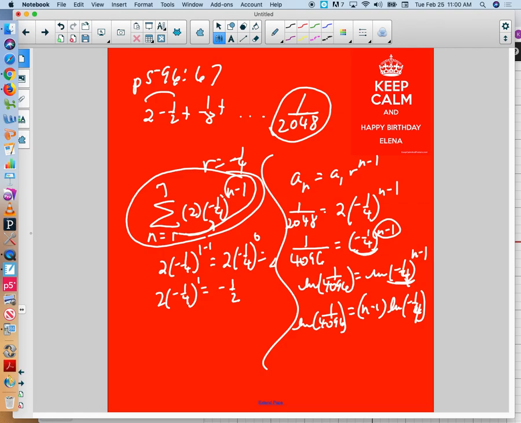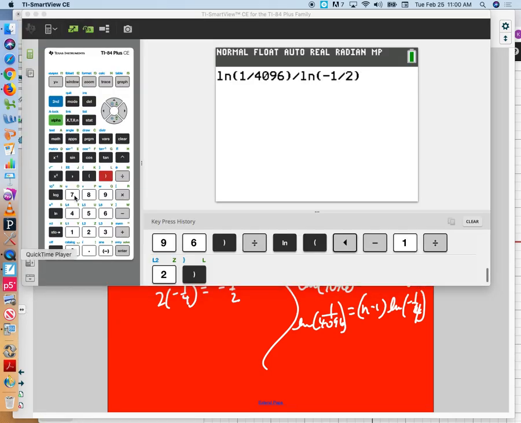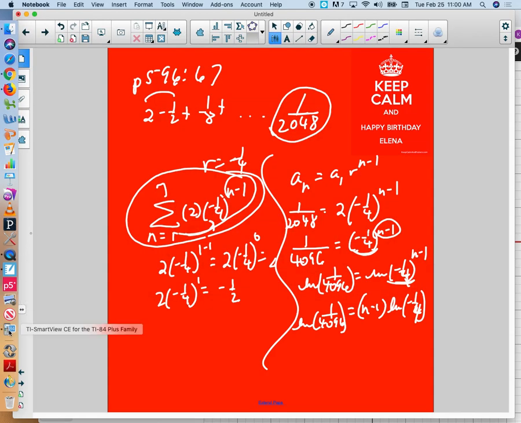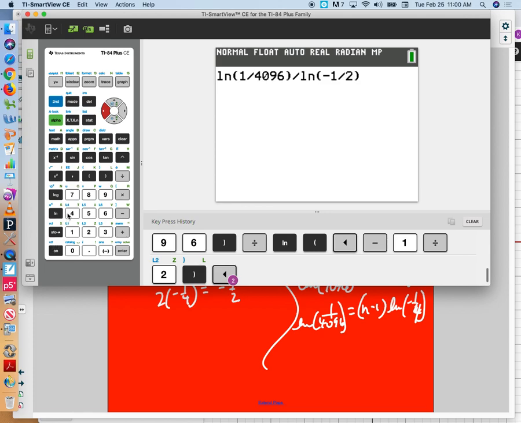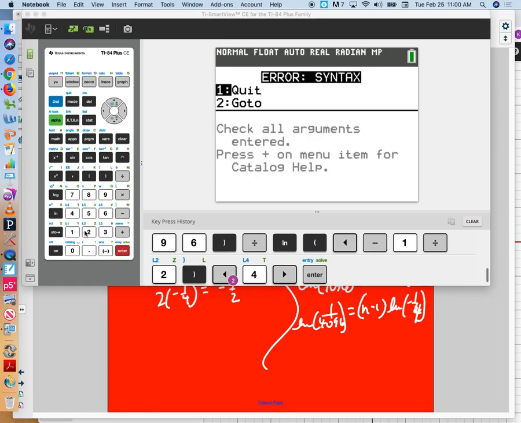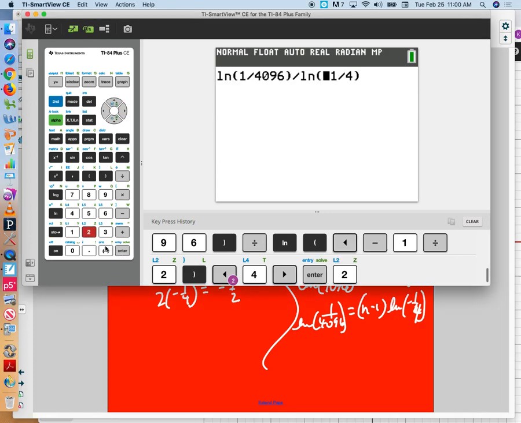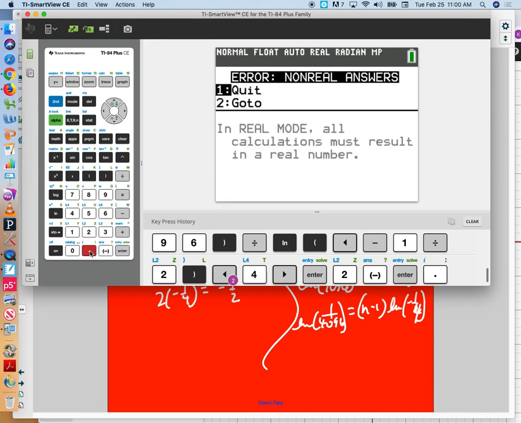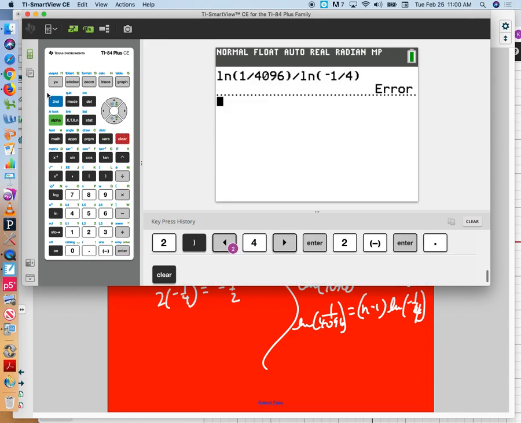Okay, so now let's go to the calculator. So this is negative 1/4. And what did I do? Oh, negative. Sorry. I used the minus instead of the negative. Oh, still. Oh, you can't take the logarithm of a negative.